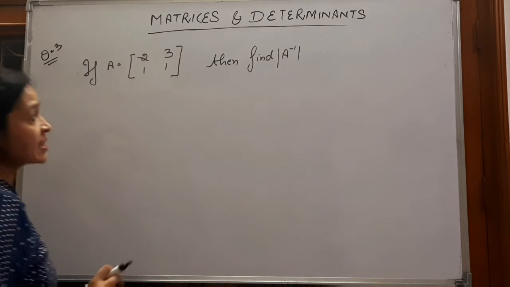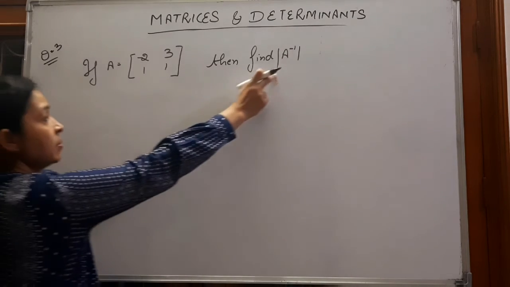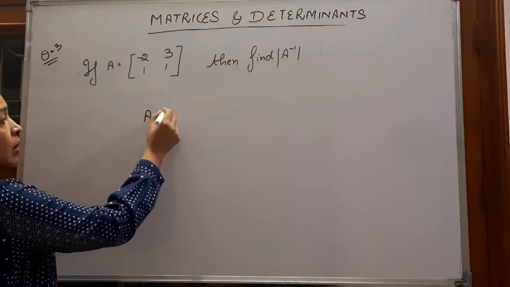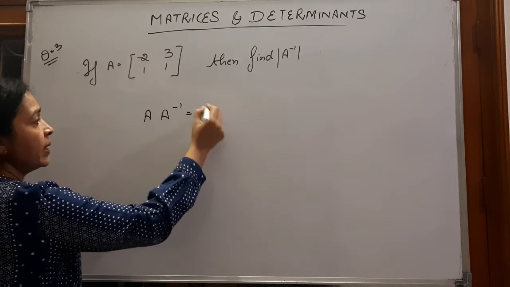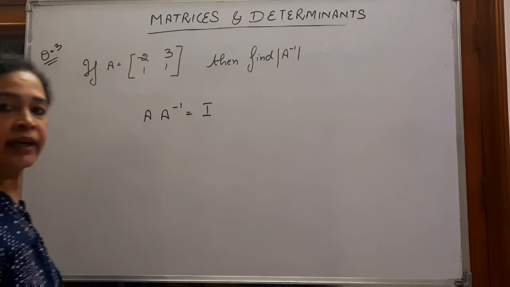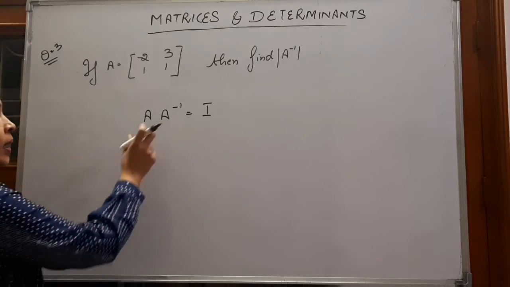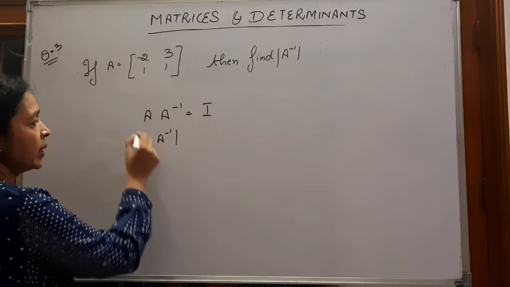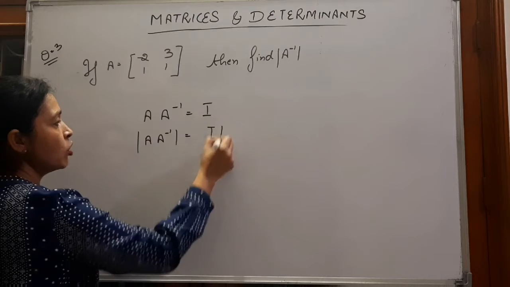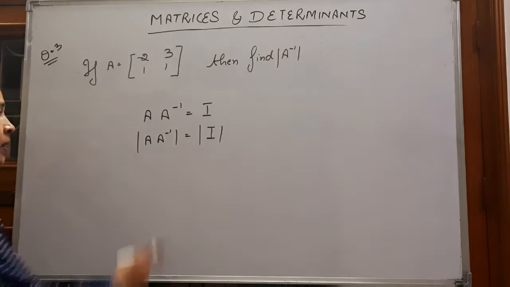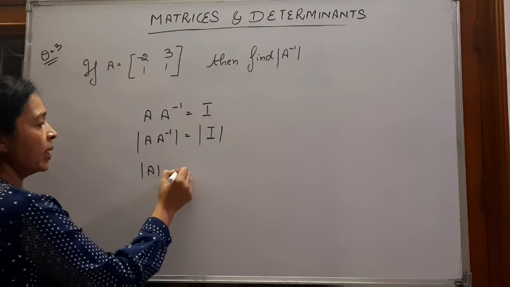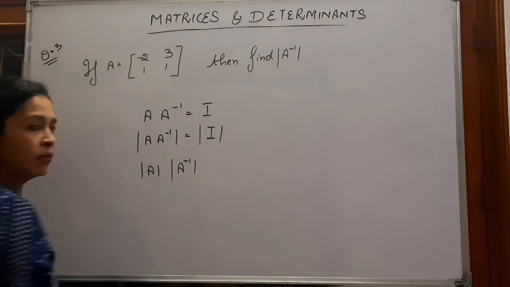If a matrix A is given, we have to find the determinant of A inverse. Now, you know A into A inverse is the identity matrix. If we take the determinant of both, determinant of A into A inverse equals determinant of I. Determinant of A into A inverse will be determinant of A into determinant of A inverse.